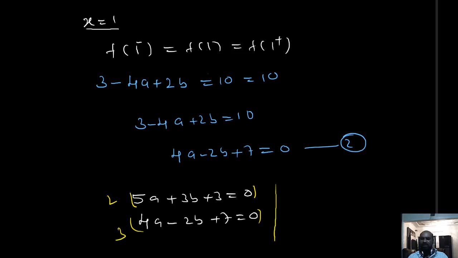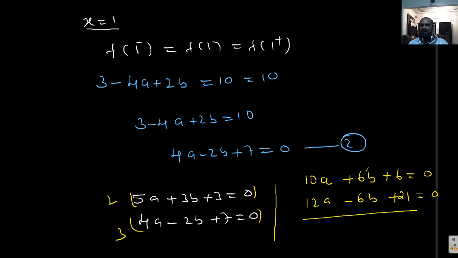So I will get 10a + 6b + 6 = 0 and 12a - 6b + 21 = 0. Add them. So 22a + 27 = 0, or a = -27/22.